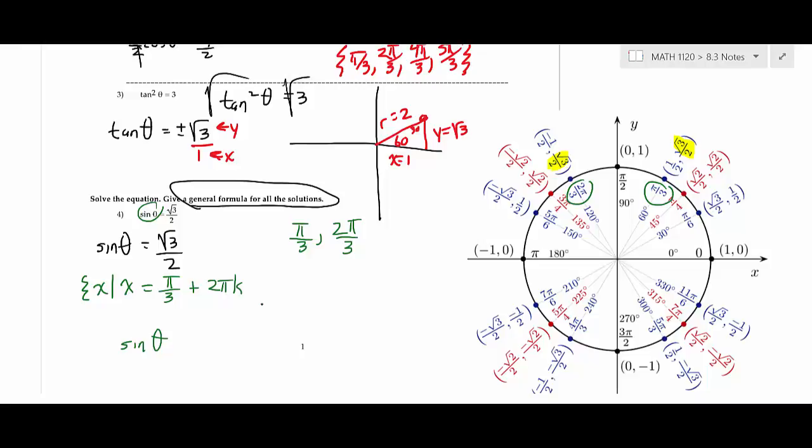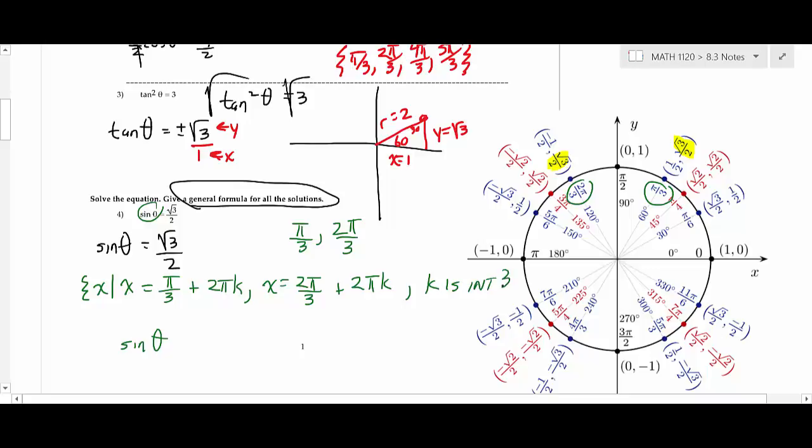And k can be a negative number, so it could be an integer that's a negative number as well. Then you say comma, then you say x equals the second answer, 2 pi over 3. Then you say plus 2 pi k again. Then you say k is an integer, like that.